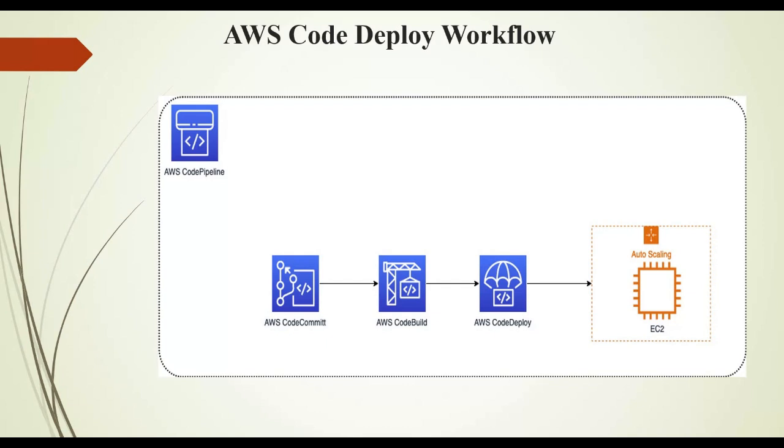In this diagram, we see CodeDeploy used in conjunction with additional AWS developer tools, namely AWS CodePipeline, which automates the CI/CD pipeline. Then AWS CodeBuild builds and tests the application components, and AWS CodeCommit is a source code repository. It helps to deploy an application onto a group of Amazon EC2 instances.